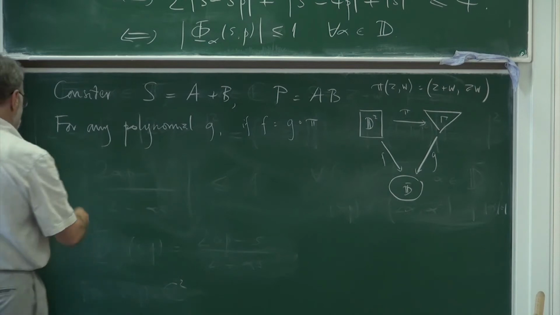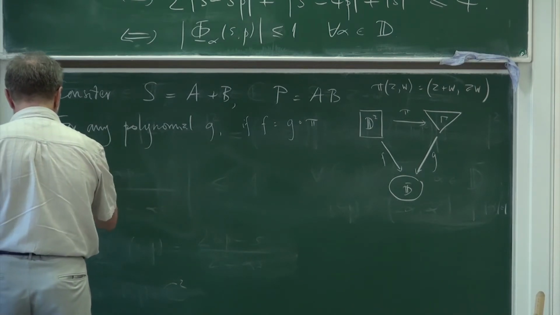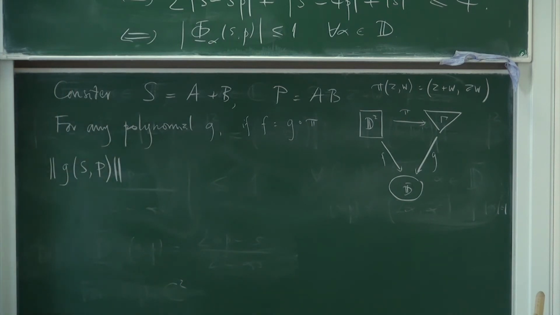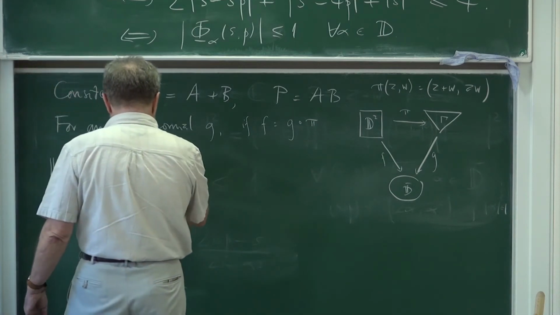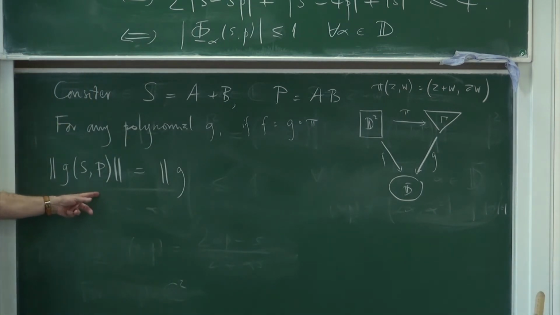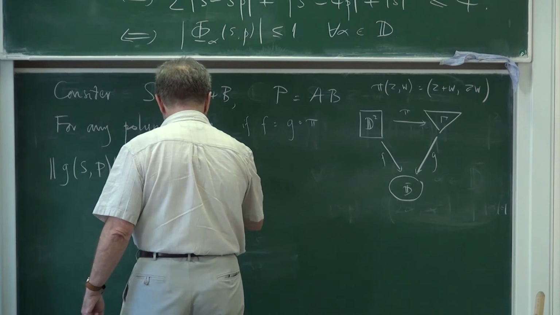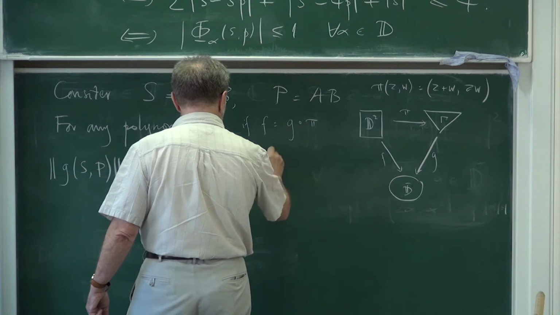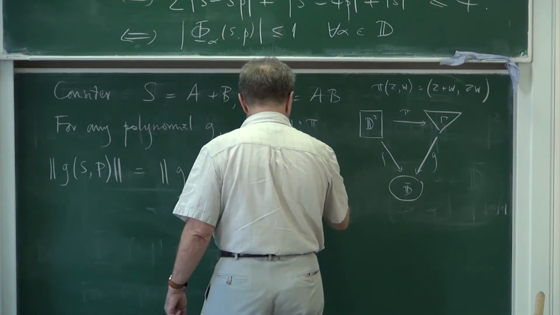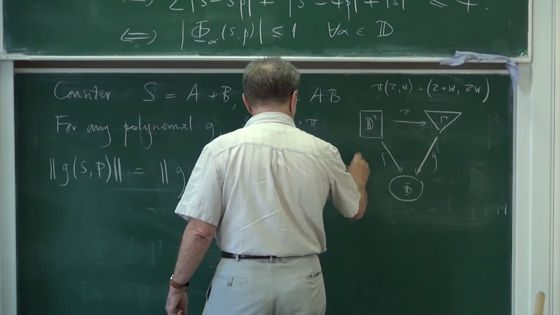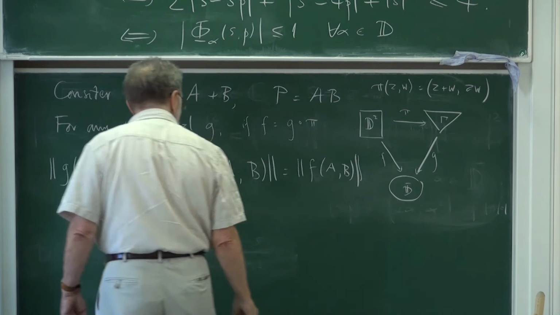Let's look at the norm of G of S, P. Well, S comma P is pi applied to A comma B. So that's G circle pi of A comma B. So that's F of A, B. F is a polynomial.